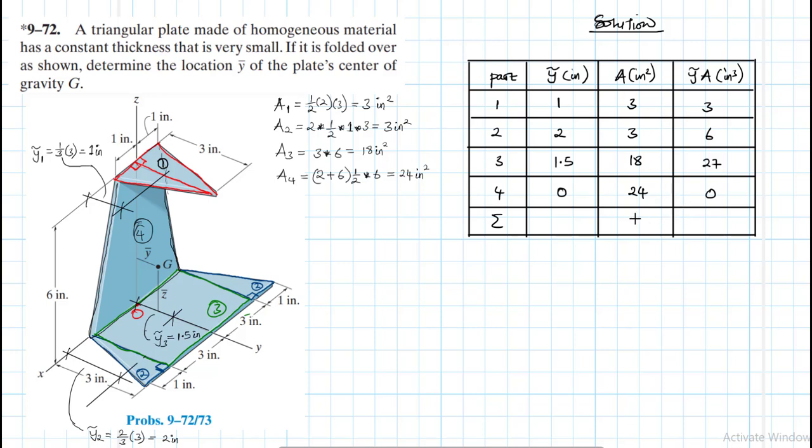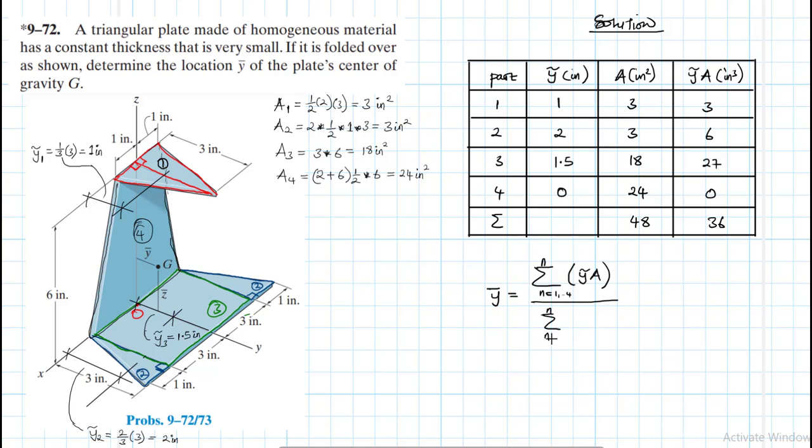So let's sum this up. We have 3 plus 6 plus 27, which gives us 36. And the area is 3 plus 3 plus 18 plus 24, which gives us 48. So now y bar is equal to the summation from n equal to 1 up to 4 of the product of the local centroid by the area, divided by the total area.